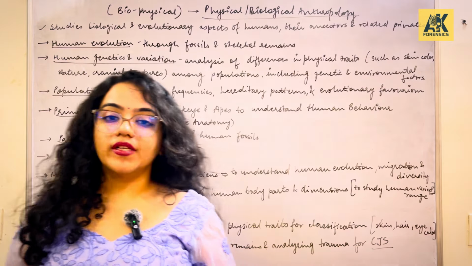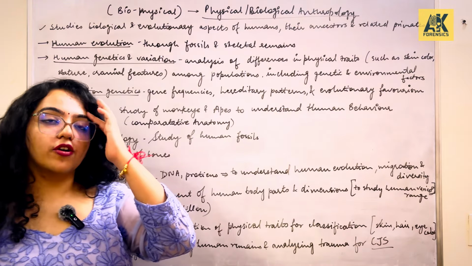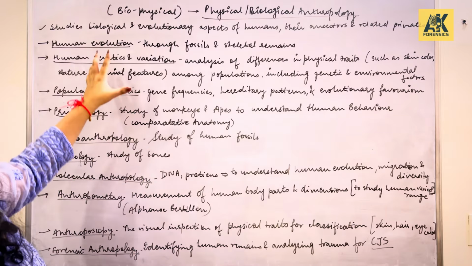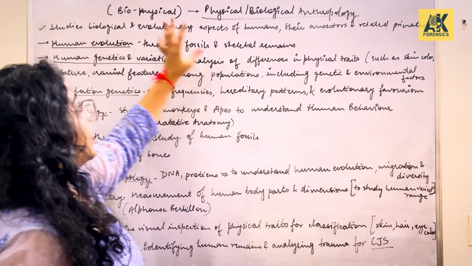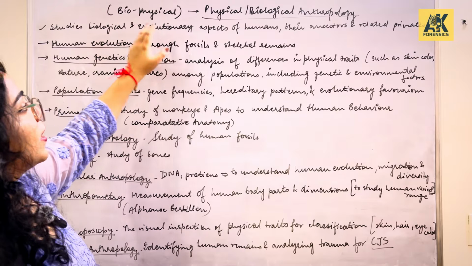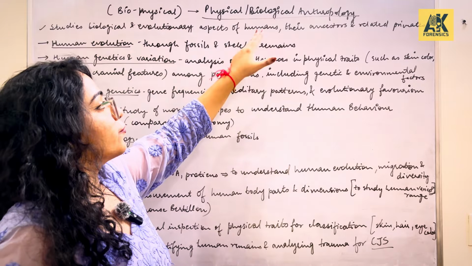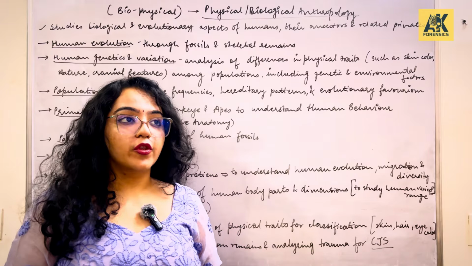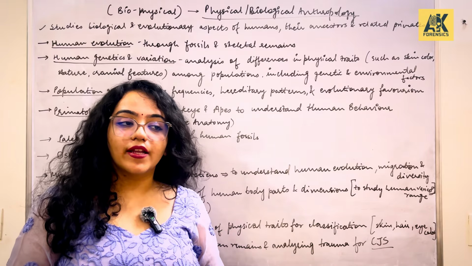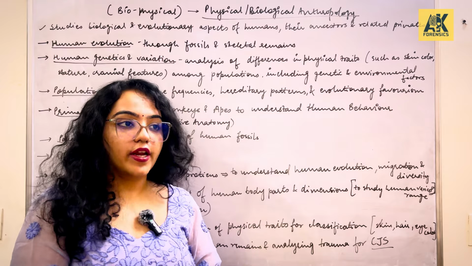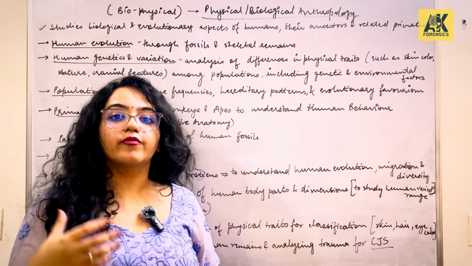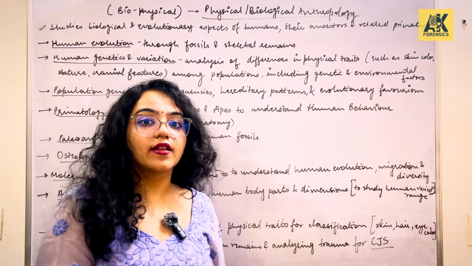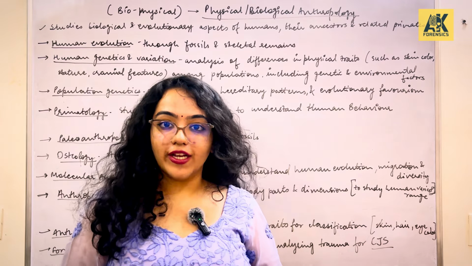So when we talk about physical anthropology, or biological anthropology, it's about studying the evolutionary aspects, the biological and the evolutionary aspects of humans, their ancestors and their related primates. So it's about understanding the evolution, right? How we have taken the physical form with the biological backing that we have now, right?